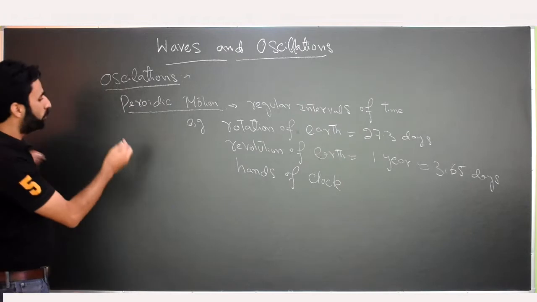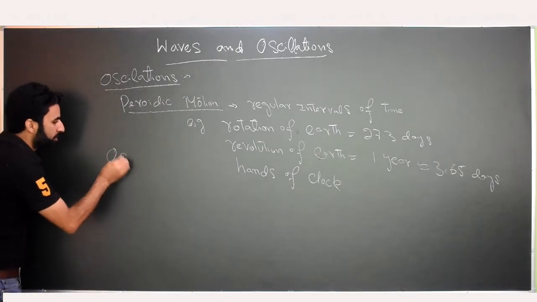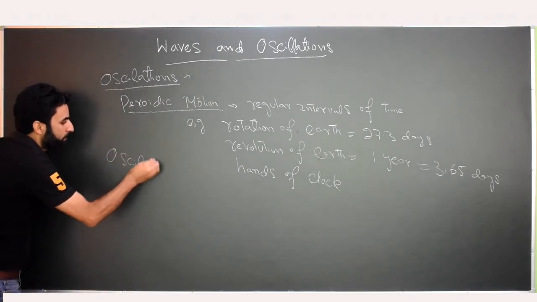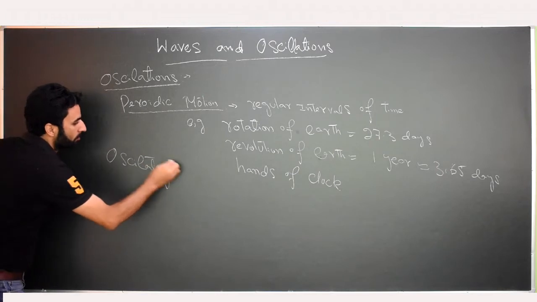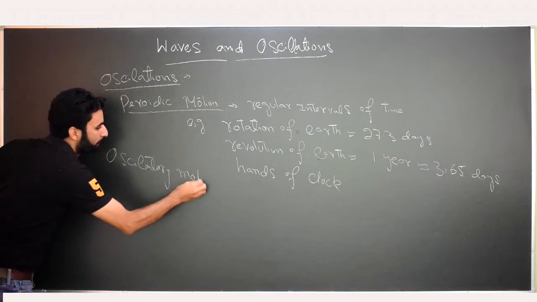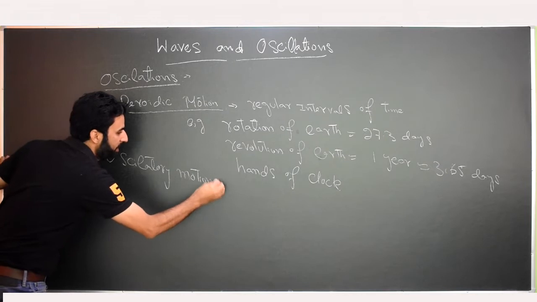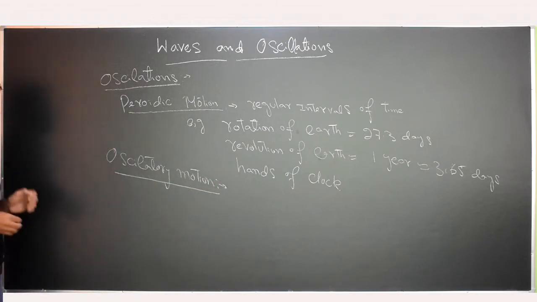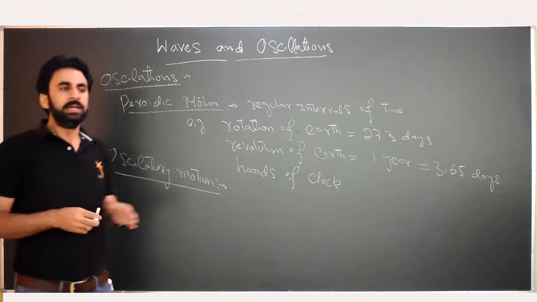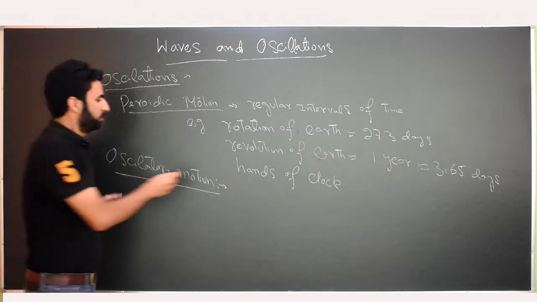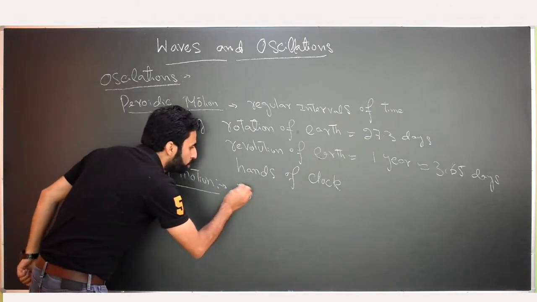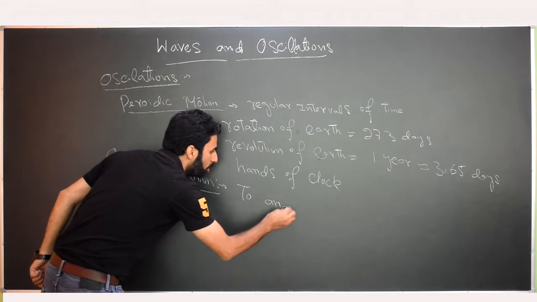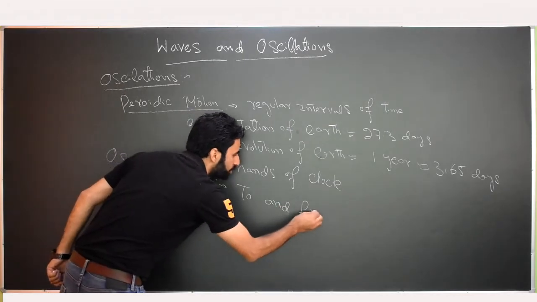Now, if we focus on oscillatory motion, it is any motion of a particle which is a to and fro motion, or back and forth motion.